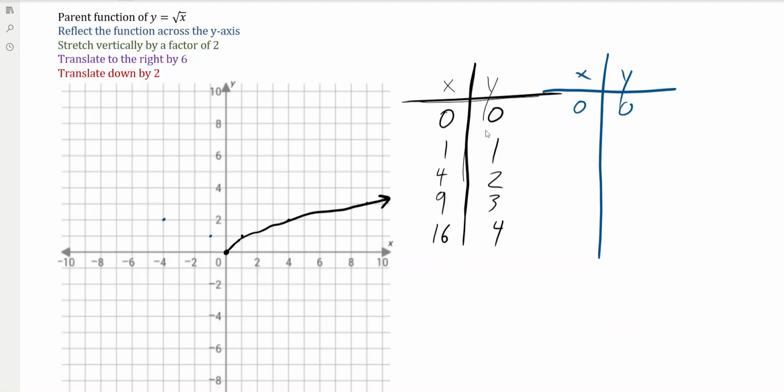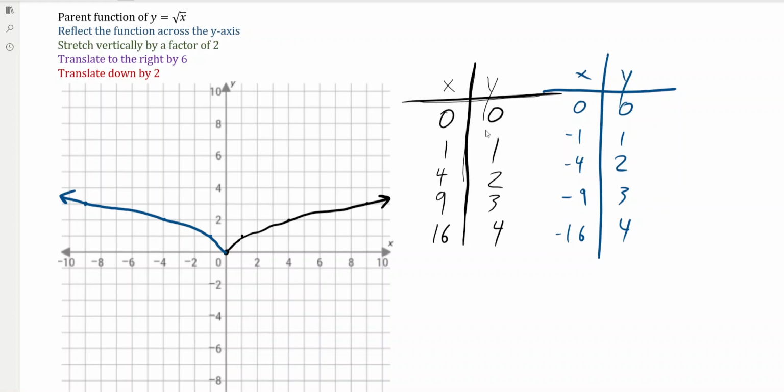All the y values stay the same, 0, 1, 2, 3, 4, but now our x values become negative versions. So we end up looking like this, and it'll look something like that.